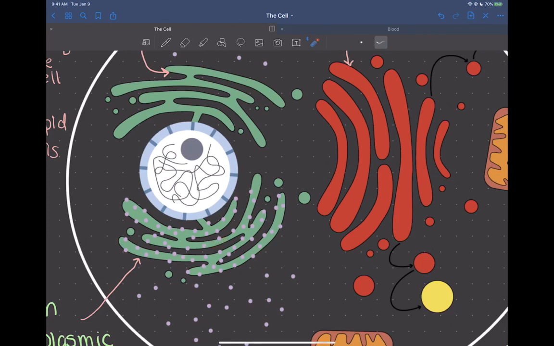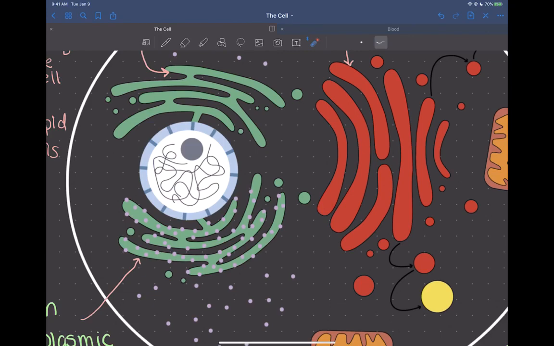Okay, so from there, that rough ER would package it up and send it out. It would move it over to one of these little bubbles, and then that bubble would pinch off and head over to the Golgi. It would merge with the Golgi, and that Golgi apparatus would now be modifying that protein.